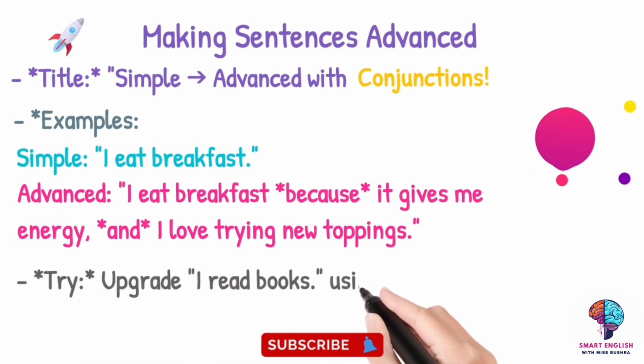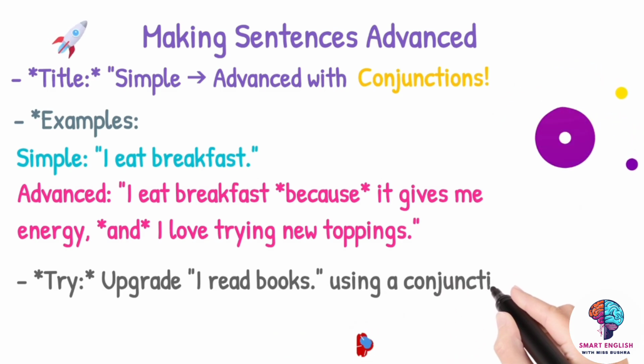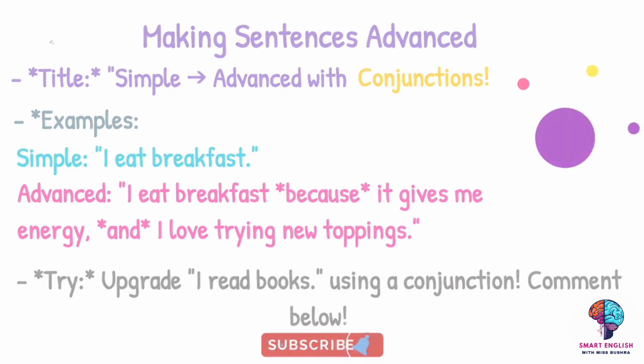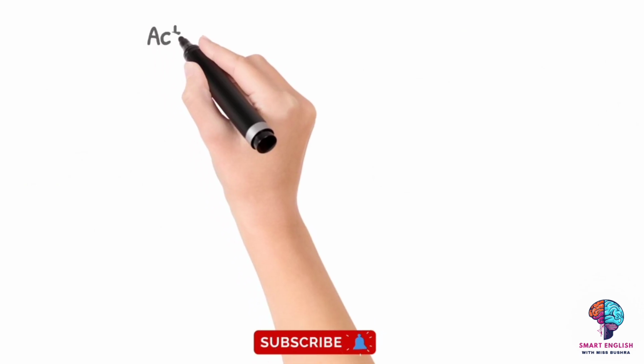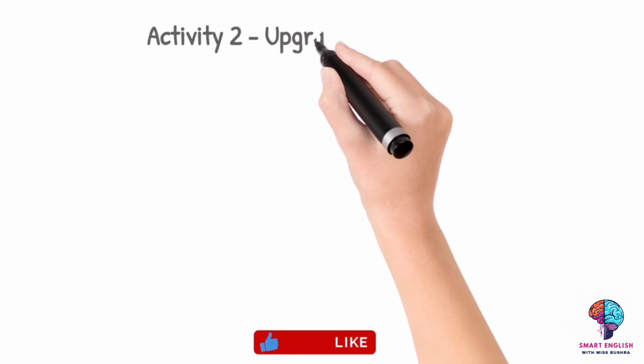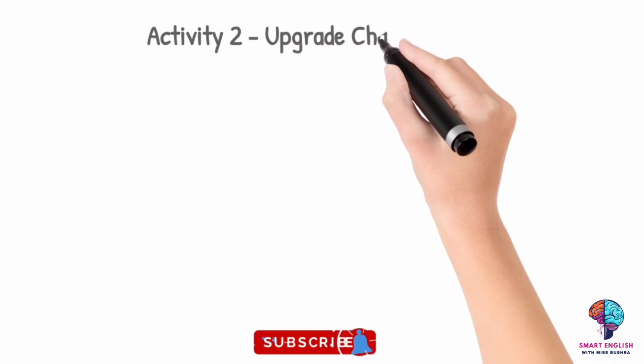Now let's go back to the examples. Simple: I eat breakfast. Advanced: I eat breakfast because it gives me energy. That is true. Whenever you are eating breakfast, if you also tell the reason, it shows that you are telling the complete sentence.